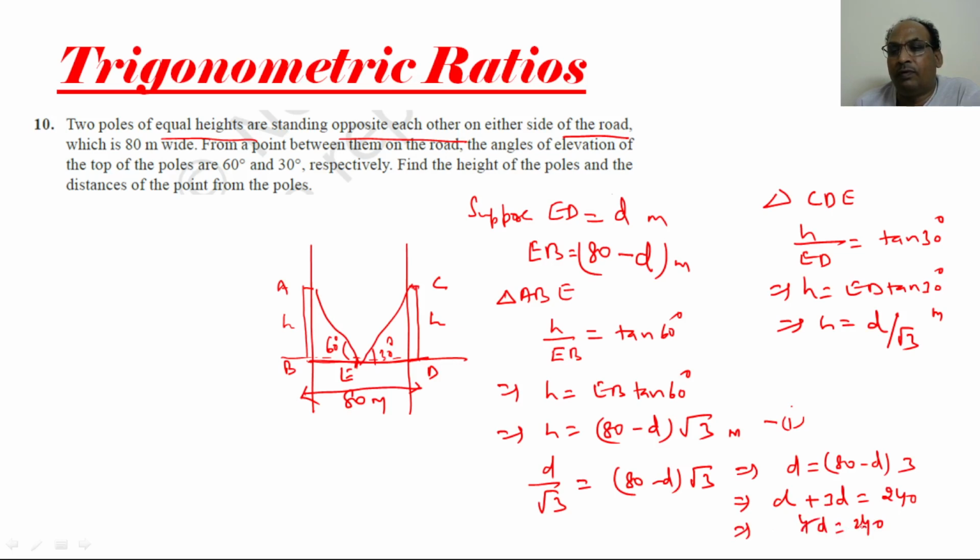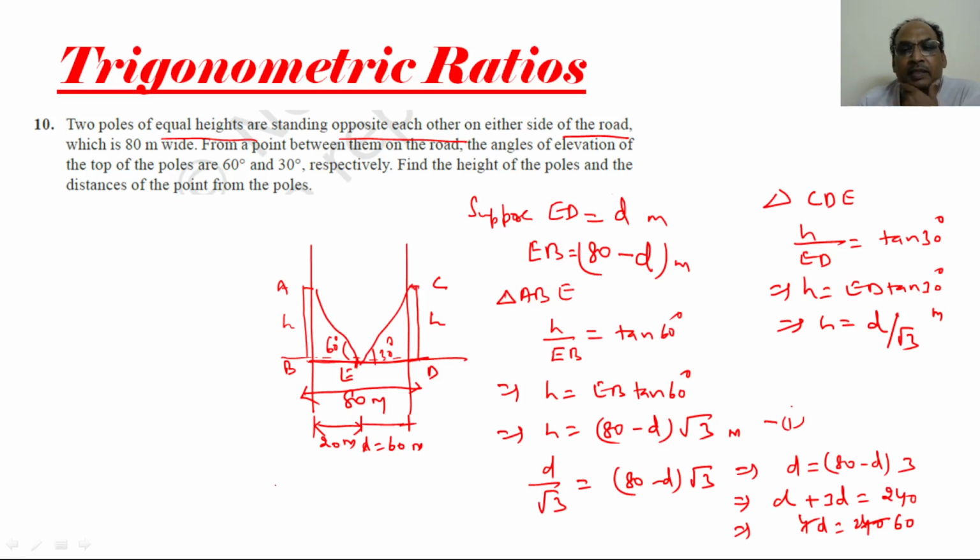Okay, so now this distance D is equal to 60 meter, so automatically this distance is becoming 20 meter, right?